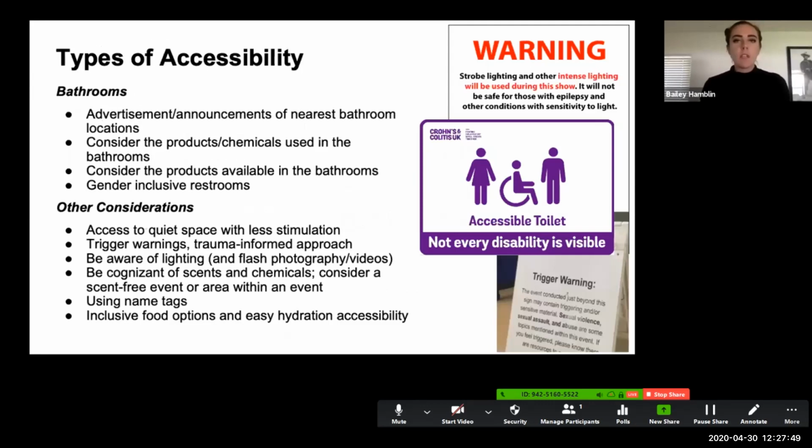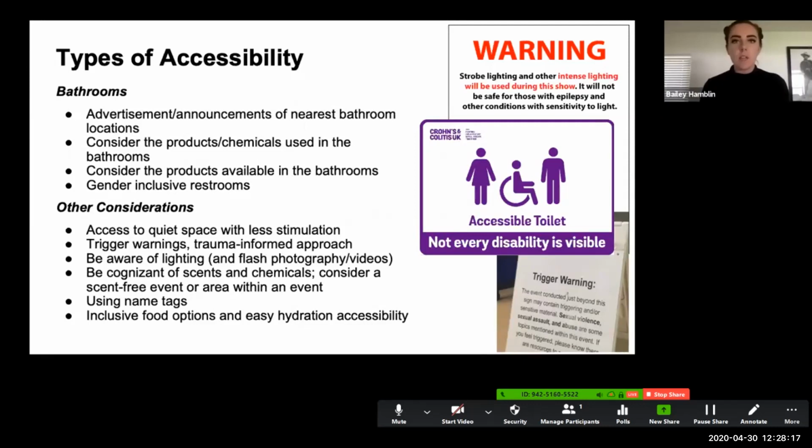Looking at bathrooms, something I try to do as well when we're meeting in person is at the beginning of any meeting or session, identify the nearest restroom, so that folks are aware of that. Considering the products and chemicals used in the bathrooms, I know that it's not something we can always control, but another inclusion strategy is to lessen the amounts of chemicals and fragrances that we're utilizing just as individuals.